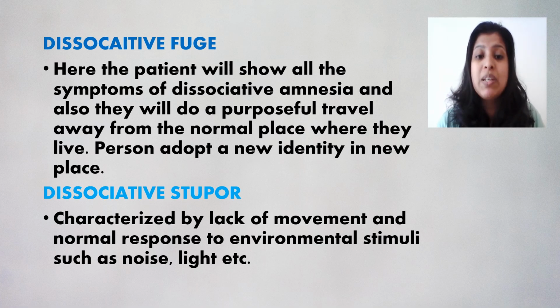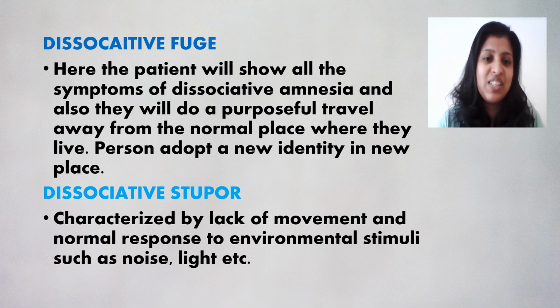You will purposefully travel away from the normal place where you are living, and you will adopt a new identity in a new place. Quite interesting, right? So you will purposefully travel from the place where you are staying, take another identity, and stay in that place for some time. That is dissociative fugue.